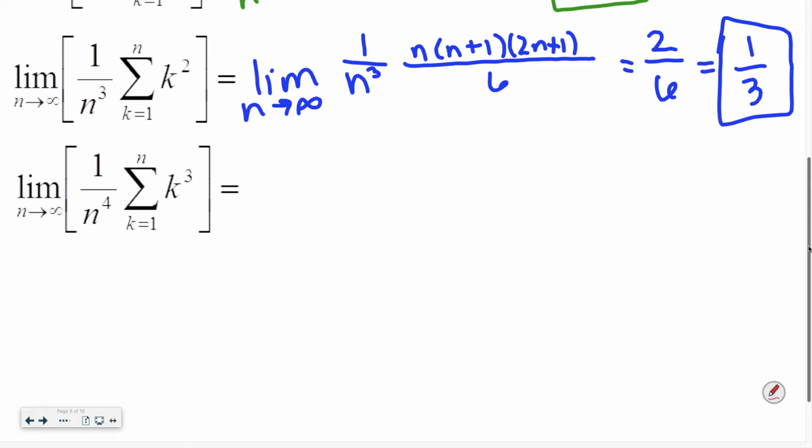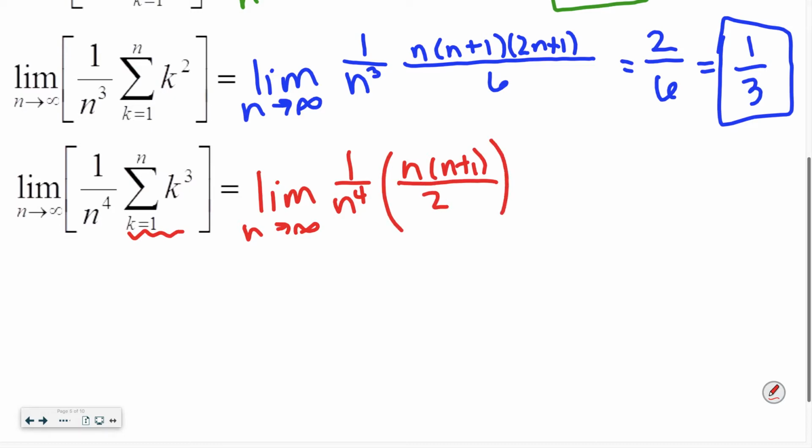All right, so we have the limit as n approaches infinity of 1 over n to the 4th. When we have the summation from k equals 1 to n of k cubed, our shortcut is n times n plus 1 all over 2, the quantity squared. All right, we multiply everything out.